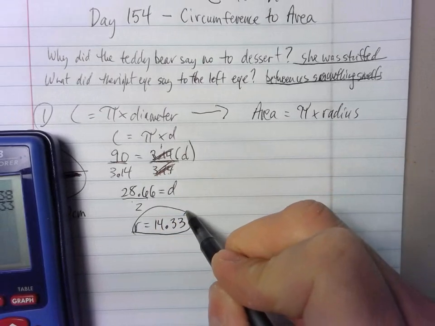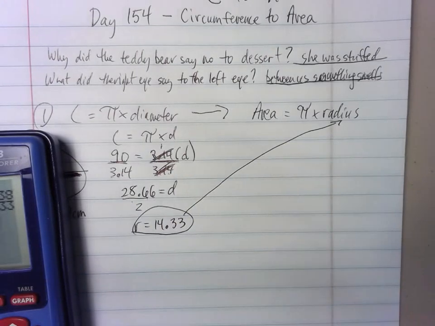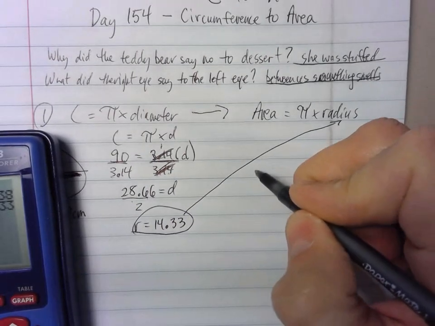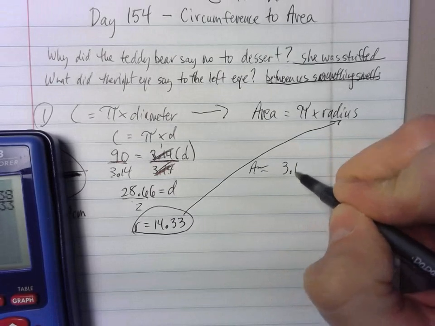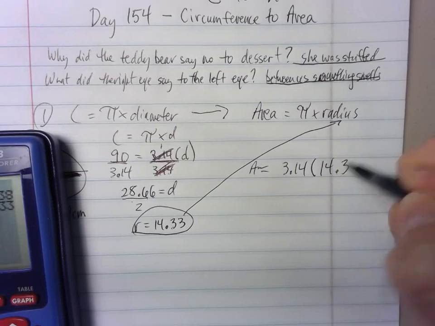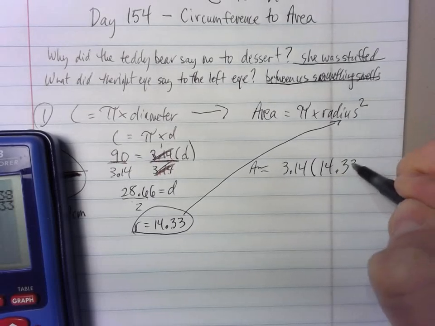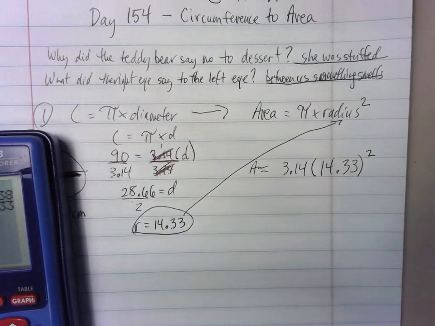Now I'm going to take that up into the other formula: pi, which is 3.14 as we're using, times 14.33 squared. So we're going to do pi times radius squared.